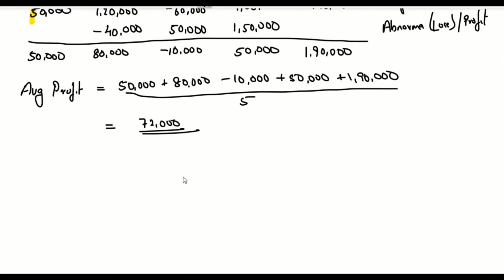Now we need to find the capital employed. So capital employed is equal to assets of the firm minus liabilities.